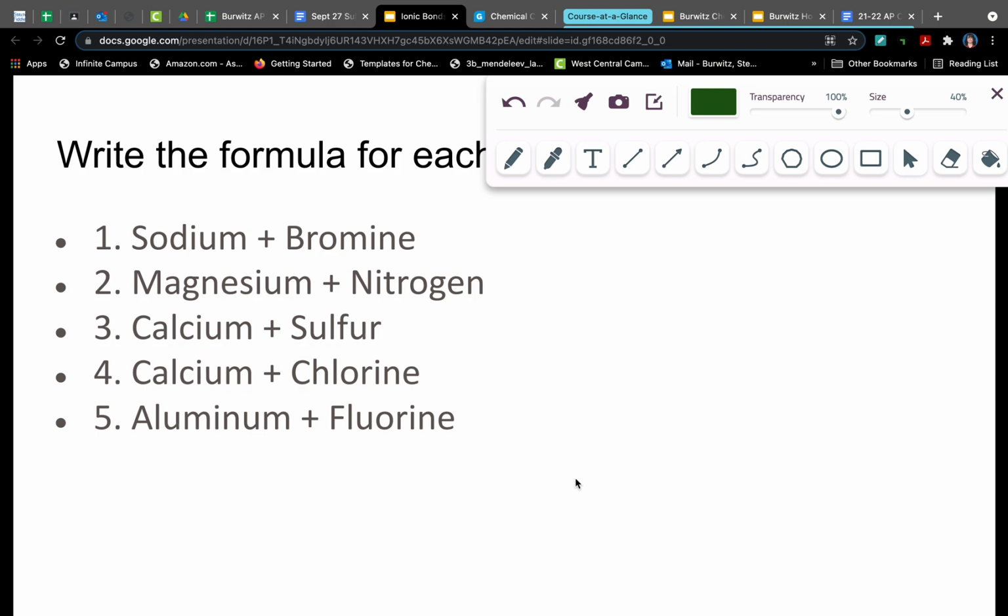Okay, now we're going to just write some formulas. So sodium and bromine. Sodium has a +1 charge. Bromine has a -1 charge. So its formula should be NaBr.